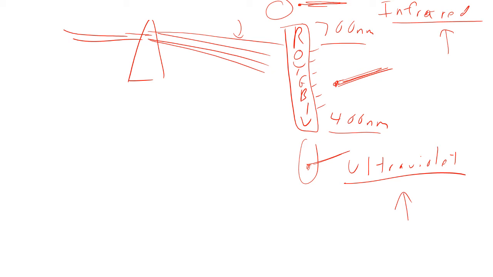So the range of light, it's all light. It's all electric and magnetic waves. So we call this the electromagnetic spectrum. There's a much prettier drawing of it in the textbook that you can look at.